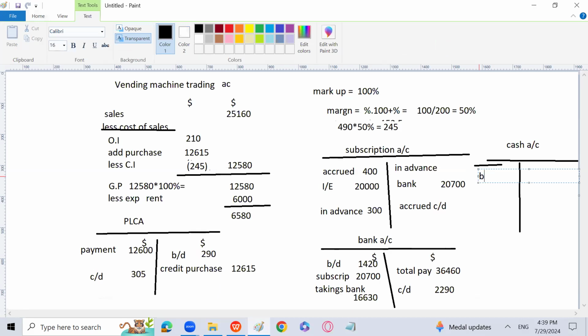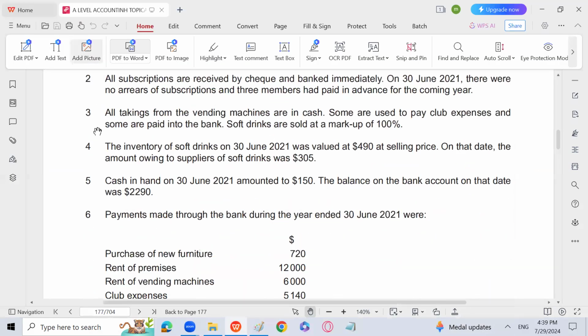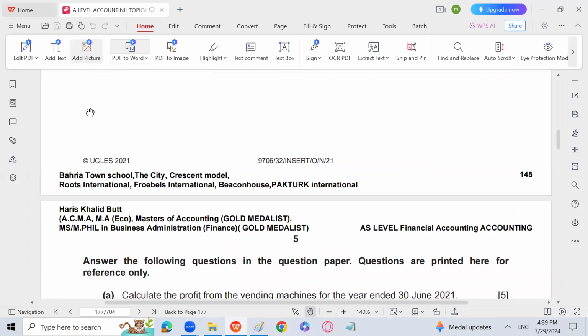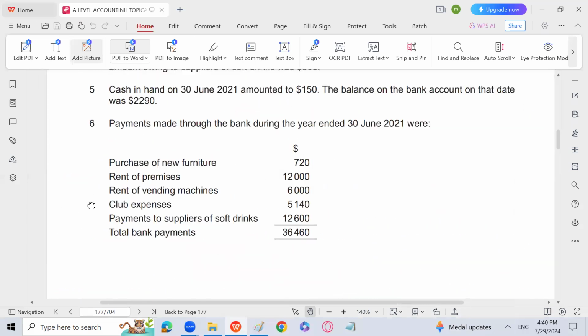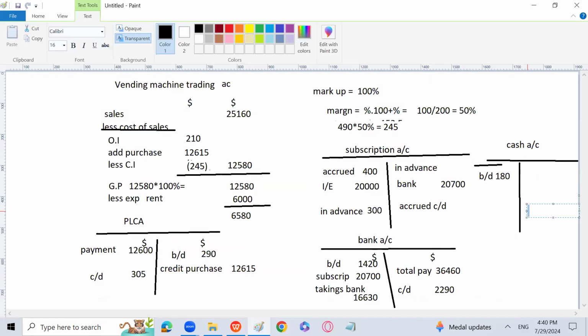Here I will write the brought down, that is 180. If I'm not wrong, let me check it out. Yes, 180 is the cash. And the carried down cash is also given, and that is 150. I'll write over here, carried down 150.